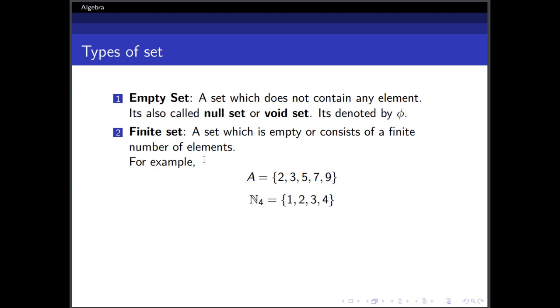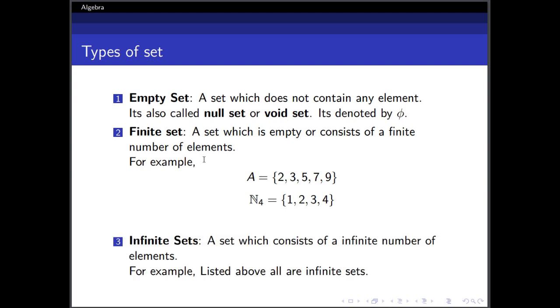They contain a finite number of elements. Next one is the infinite set. A set which contains infinitely many elements. For example, all the sets listed above: the set of natural numbers, integers, whole numbers, rationals, reals, complex. These all are examples of infinite sets.